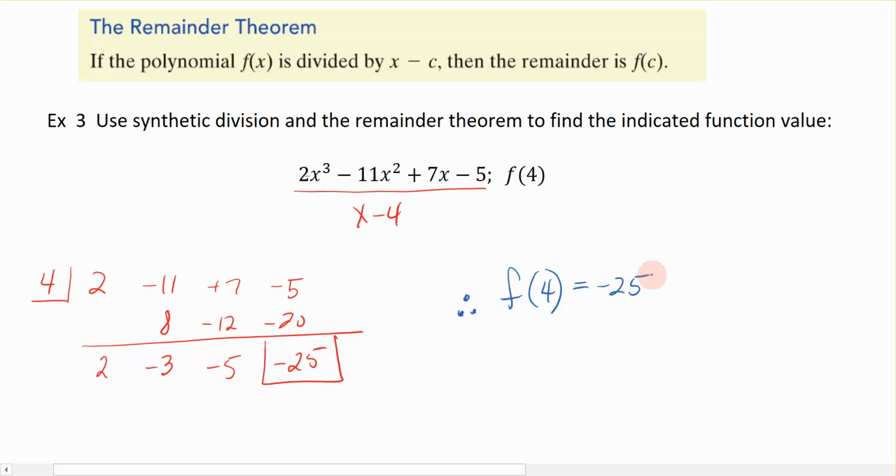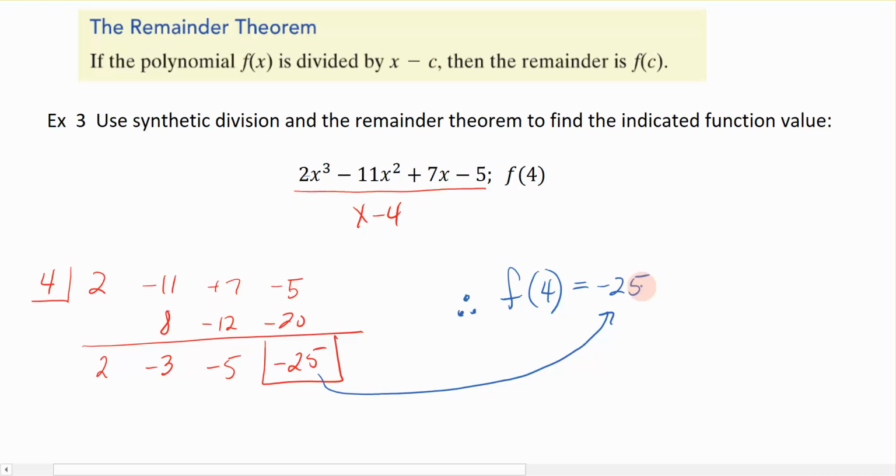So synthetic division and the remainder theorem allows me to evaluate the function at a particular value, and the remainder that we found is the function evaluated at 4, which gives me negative 25.